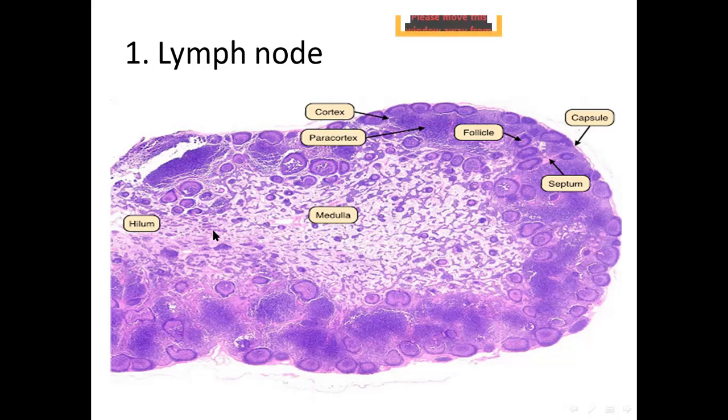Each sinus contains a network of stellate reticular cells, whose processes contact other cells and the endothelium.